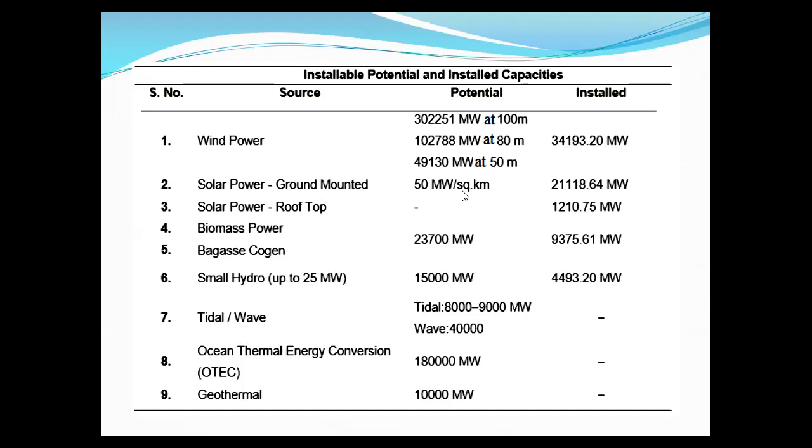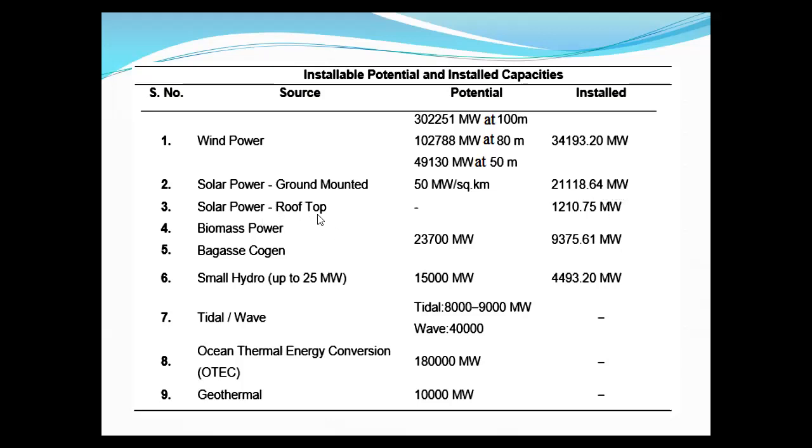Second is solar power, ground mounted, having potential 50 megawatt per square kilometer. In India, we have good sunshine, so we have good potential of solar energy, 50 megawatt per square kilometer, and the installed capacity is 21,118.64 megawatt.